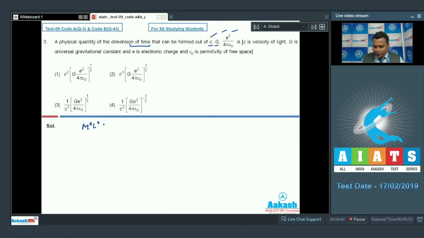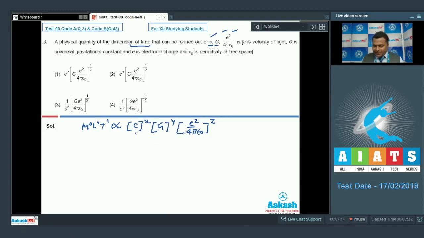Since they are combined to form the dimension of time, we can write M^0 L^0 T^1 for the dimension of time, proportional to the dimension of c to the power x, the dimension of G to the power y, and the dimension of the expression e squared upon 4 pi epsilon naught to the power z. We have to calculate the values of x, y, z, and then we will get our final expression.